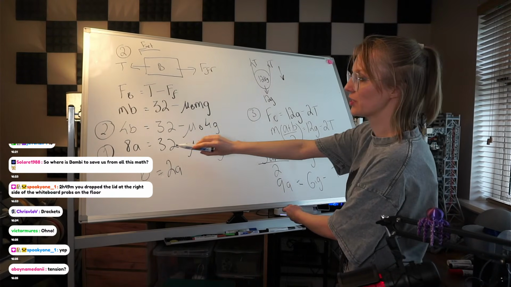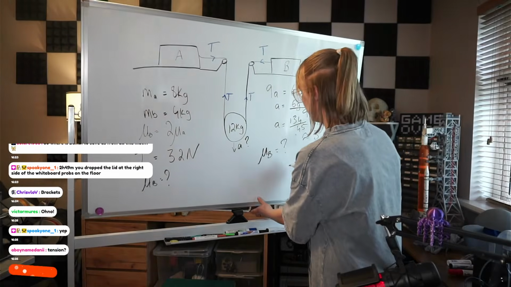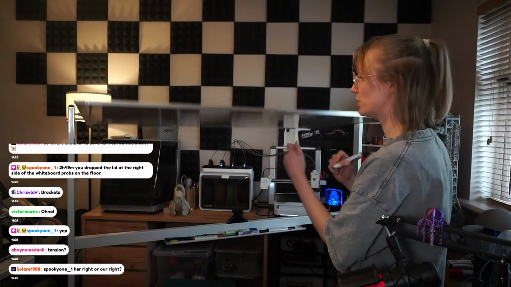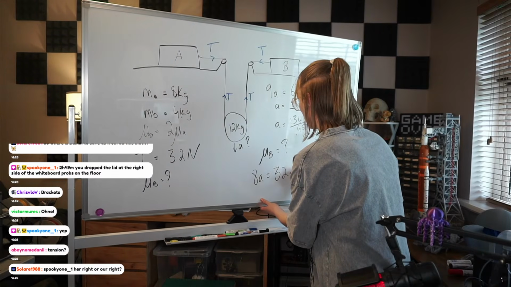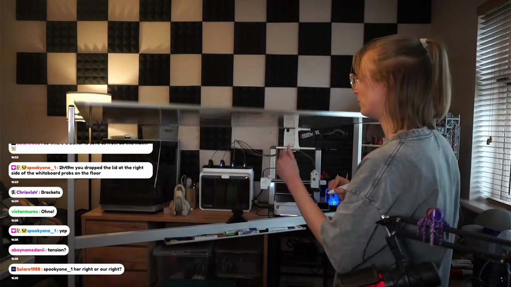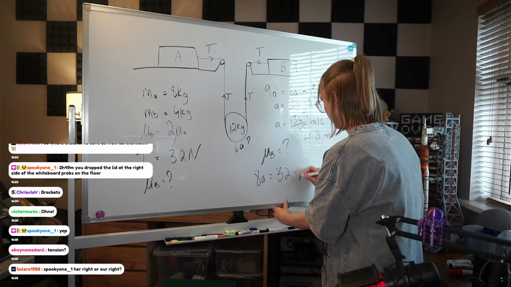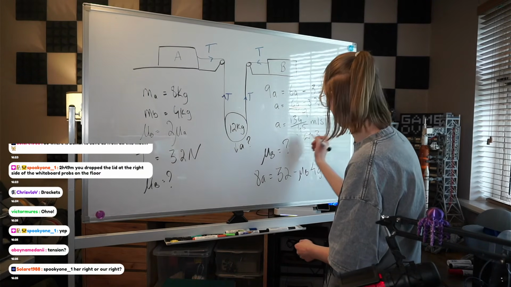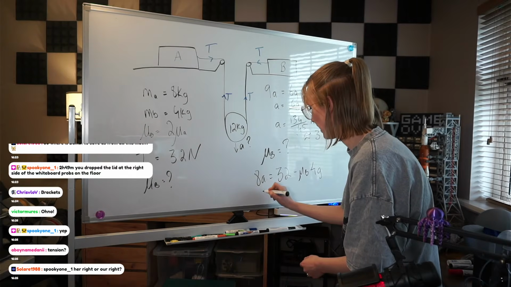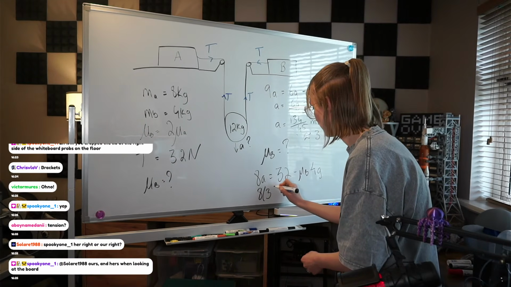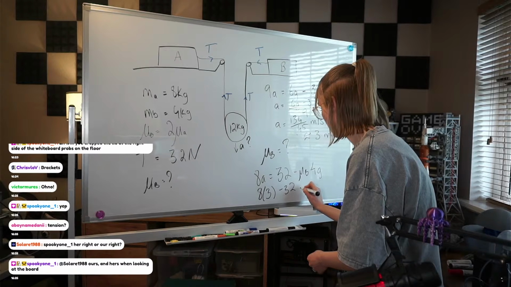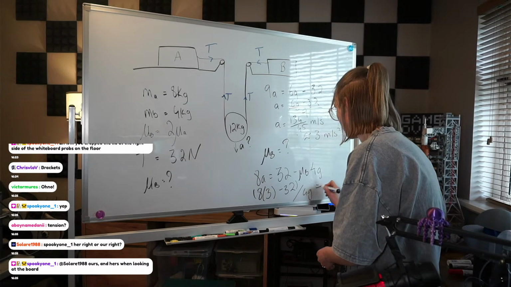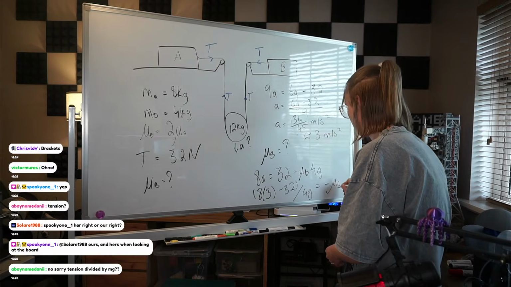We have this equation here, 8a is equal to 32 minus mu b 4g. So we have the number for a, it's 3. 8 times 3 minus 32, all divided by 4g, is equal to minus mu b.